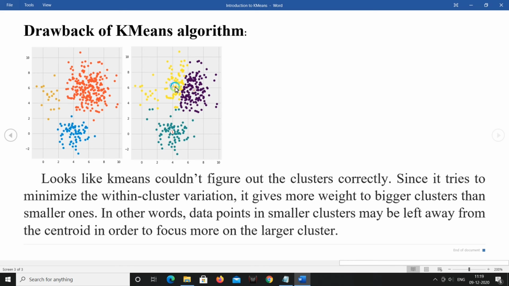When we apply the K-means algorithm here, you can see most of the red points are coming inside the yellow; it classifies them wrongly, right? Here it's also written that the data points in a smaller cluster may be left away from the centroid in order to focus more on the larger clusters. So in the case of smaller clusters, the performance of K-means is not that good. This is one drawback of the K-means algorithm.